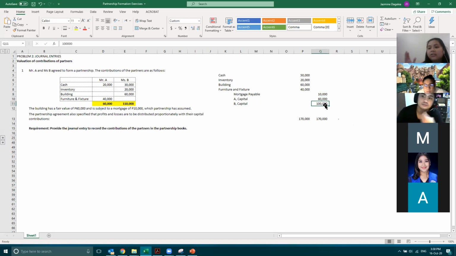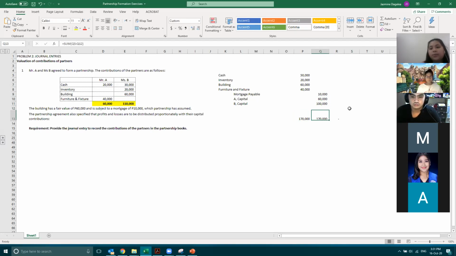I-check niyo yung balances of total debits and total credits para hindi kayo mawala. Kasi may nag-answer ng 110,000, hindi balance yung total debits and total credits nyo, kasi ni-recognize nyo rin yung mortgage payable. So, i-deduct nyo siya sa equity account ng B Capital.